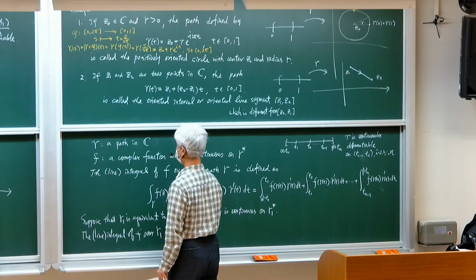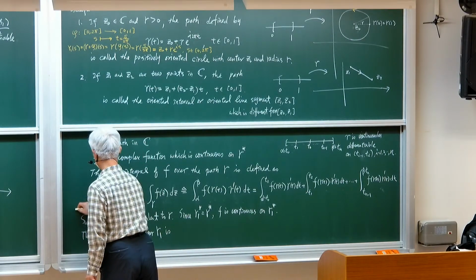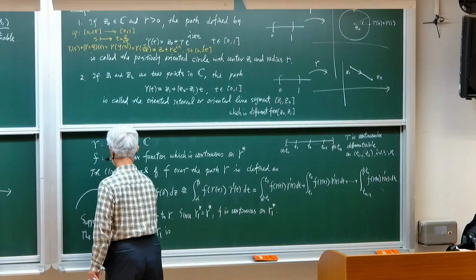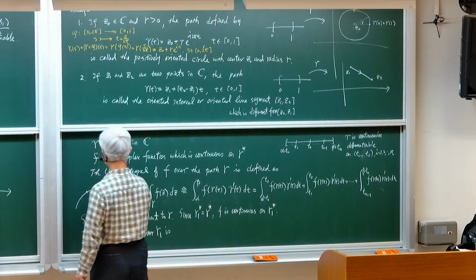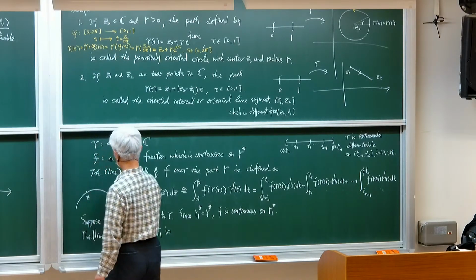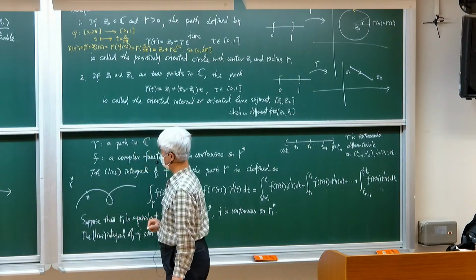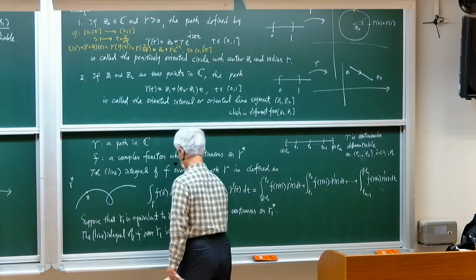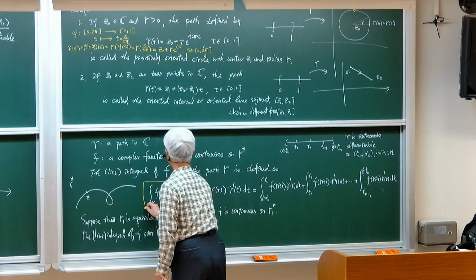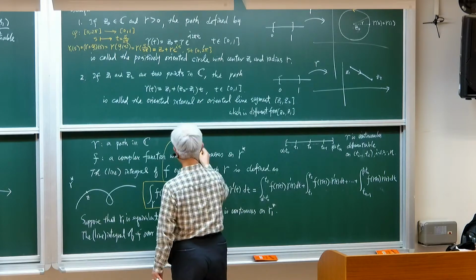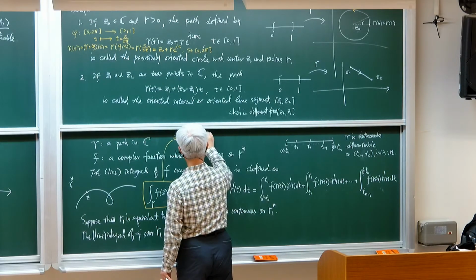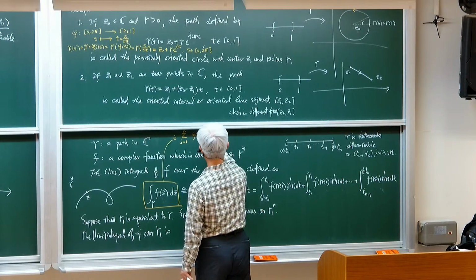Take a typical point z on the image, and this integral can be approximated as the sum of f of z sub i times delta z sub i.